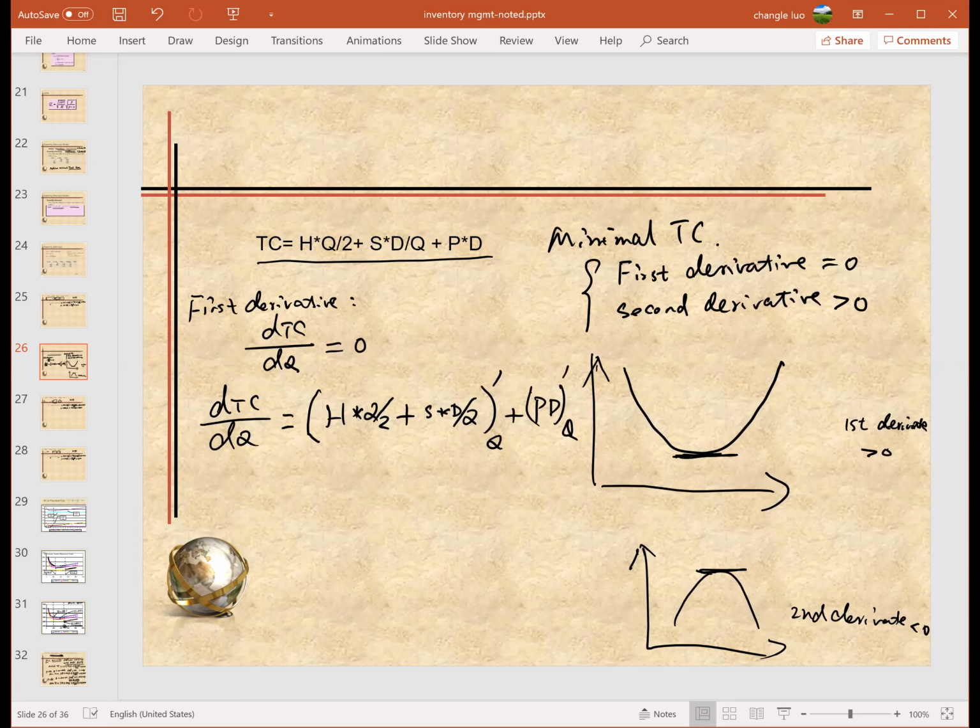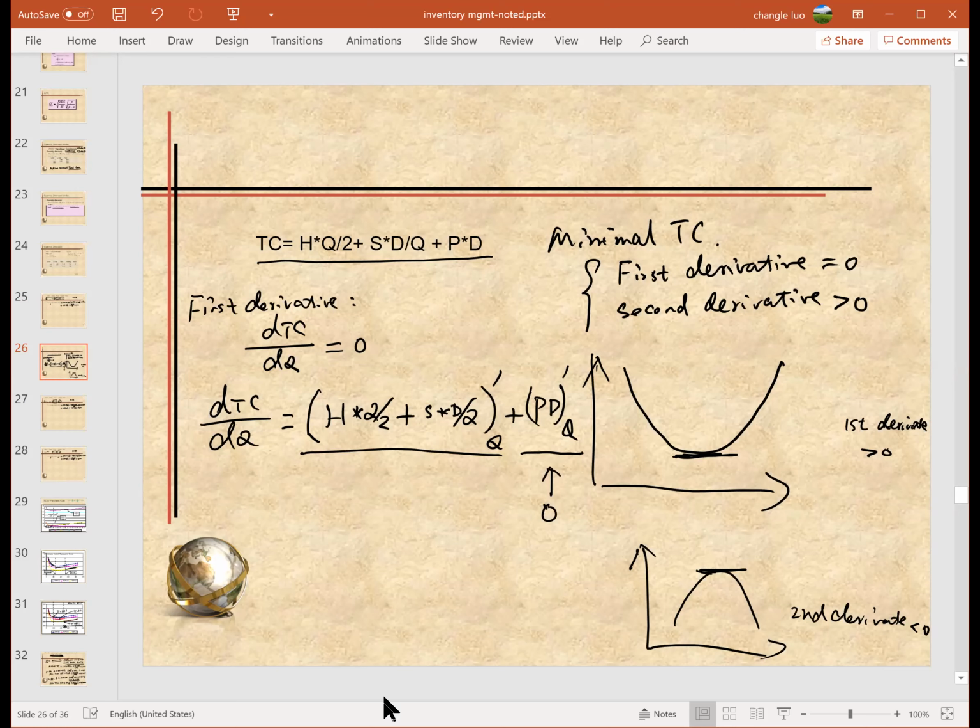The interesting part is this is exactly the same as what we've done before. And in this part, P and D have nothing to do with Q. So P and D are constants when we take this derivative on Q, so this part equals 0.